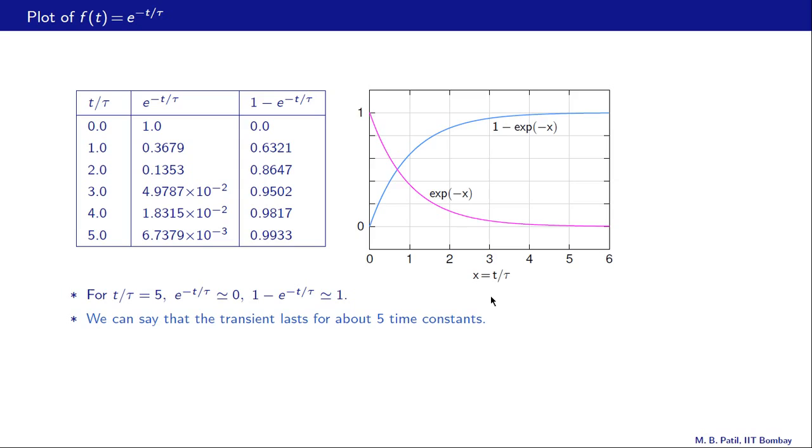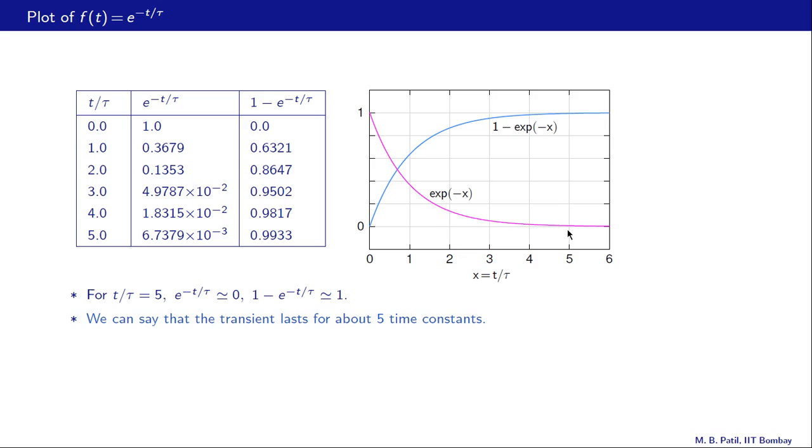Here is a figure showing e raised to minus t by tau as a function of t by tau, this curve here, and 1 minus e raised to minus t by tau as a function of t by tau, the blue curve here. And as we have seen in this table, at t equal to 0, we have e raised to minus t by tau equal to 1, and as t increases, this function goes to 0.